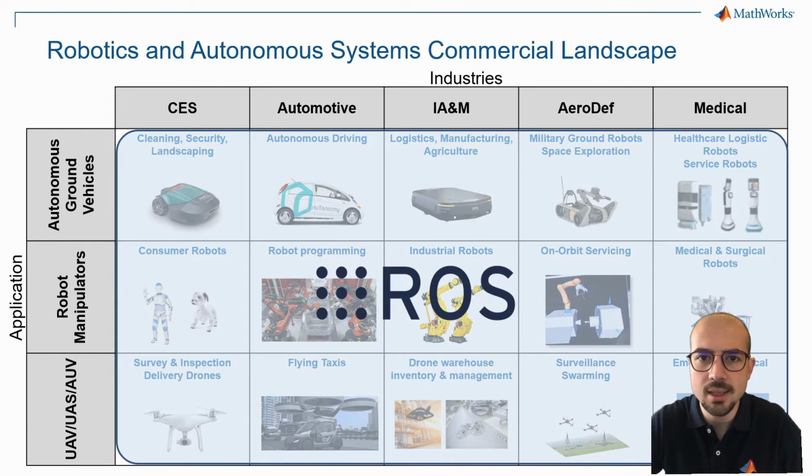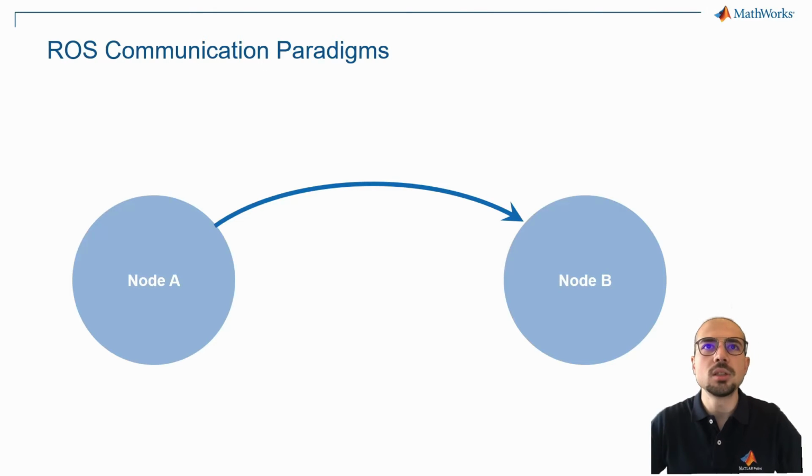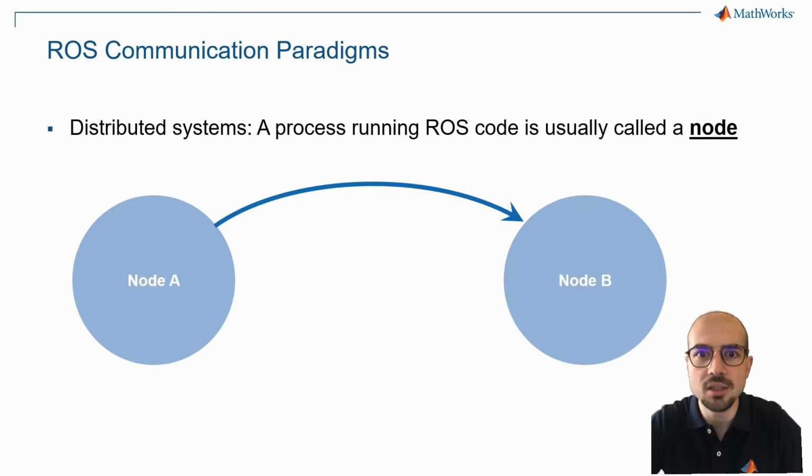So it's very, very important to understand how ROS works and how we can use it with MATLAB. ROS is based on a distributed system. It means that there are different players inside ROS, and these players are called nodes. So we have node A that does some type of things. It's a software, and there's node B that is another software that does other things. These two islands need to communicate.